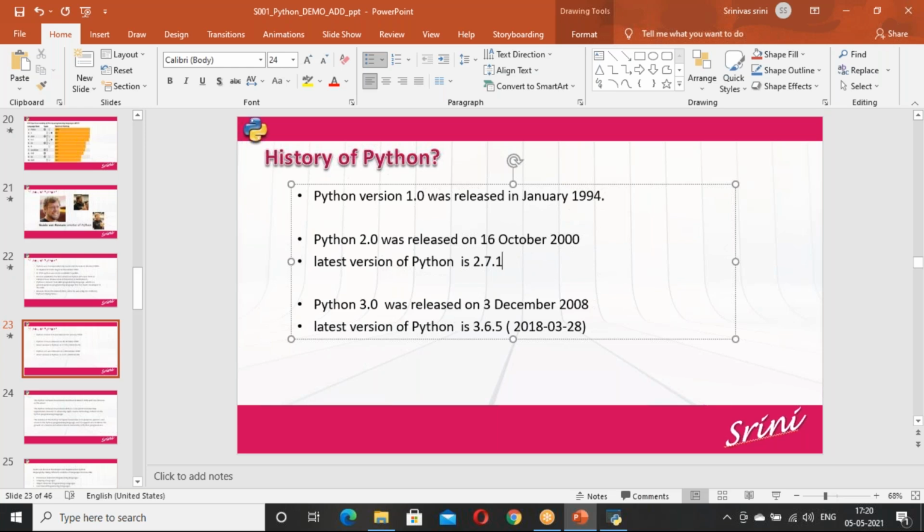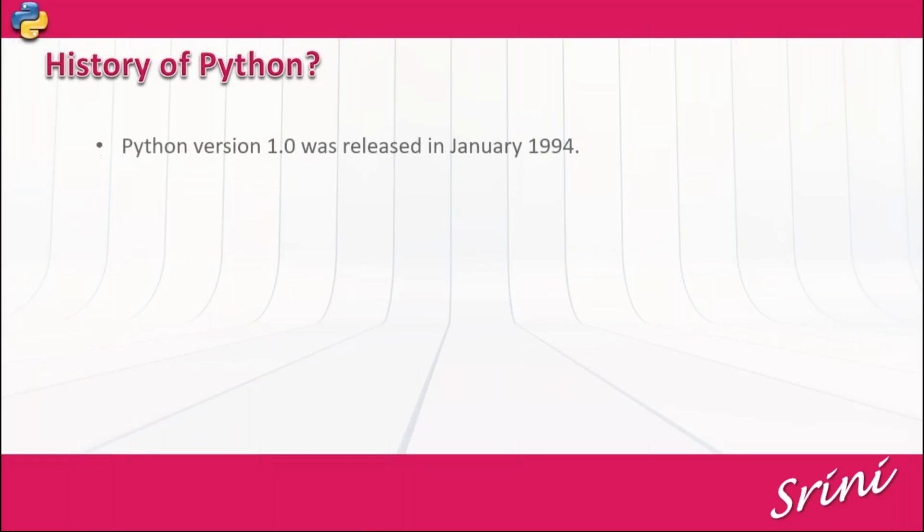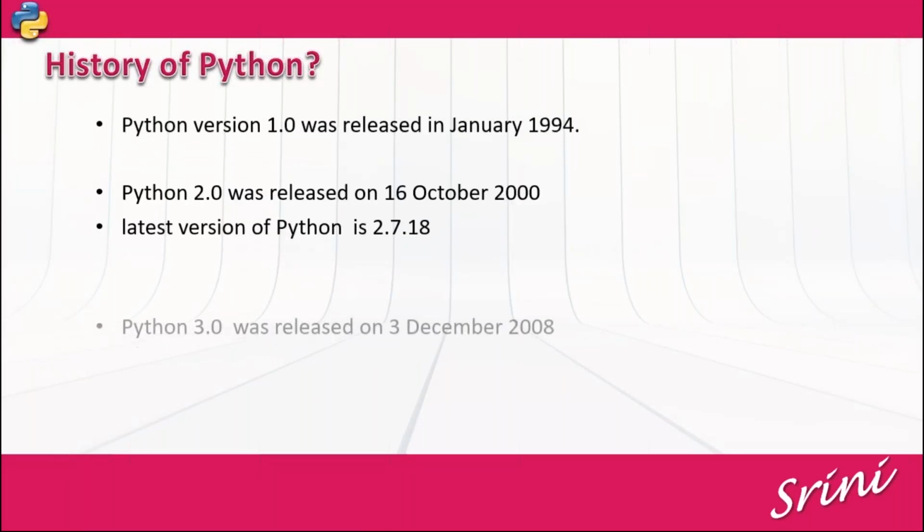Python 3 is totally redeveloped from scratch. A lot of new features are included, new commands are included, a lot of existing commands are discarded, and syntax has been changed.